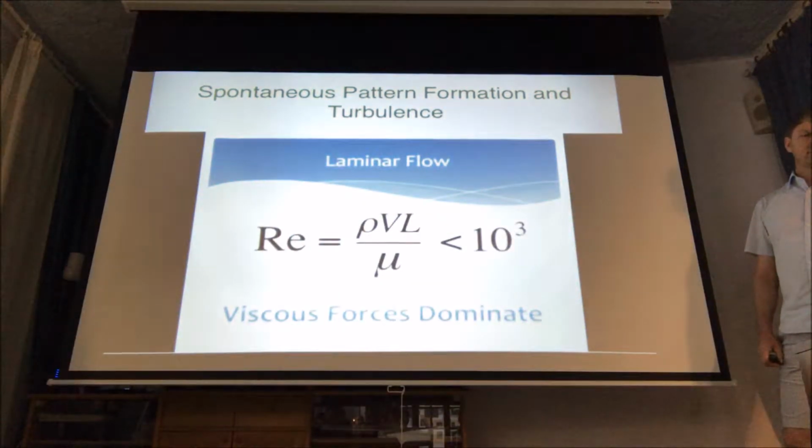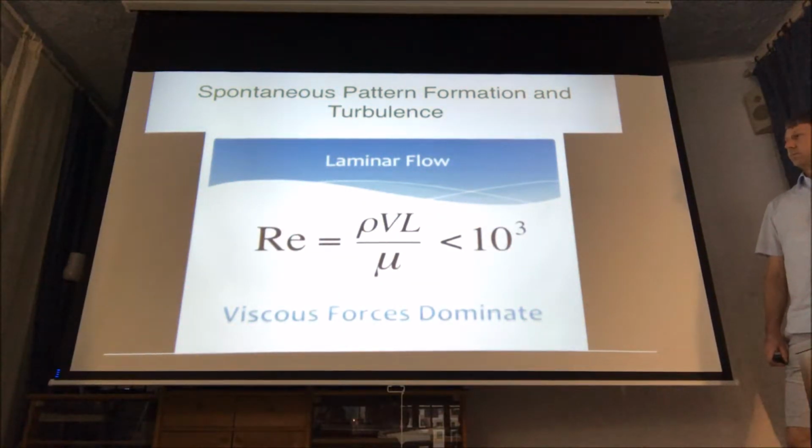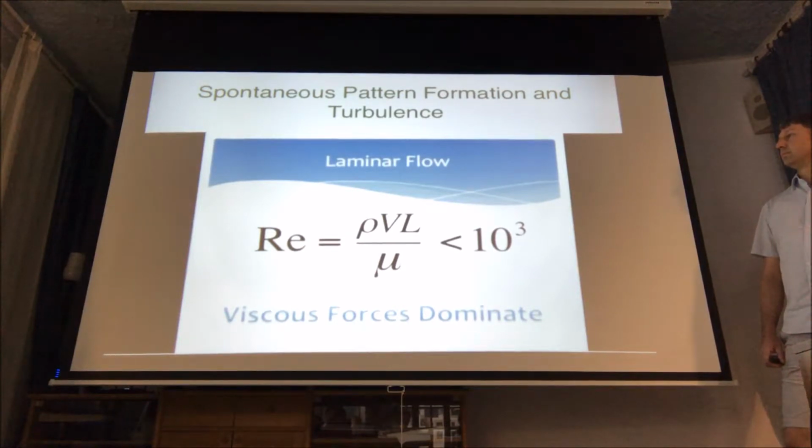When Reynolds number is less than an order of magnitude of 10 to the third, fluid flow is characterized as being laminar. In this type of fluid flow, viscous forces dominate inertial forces.